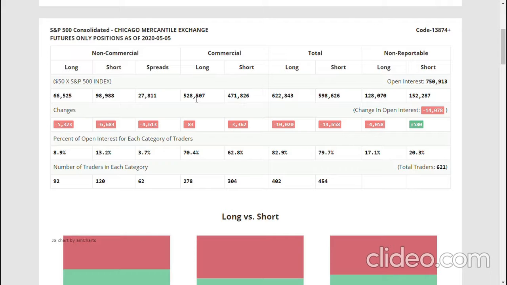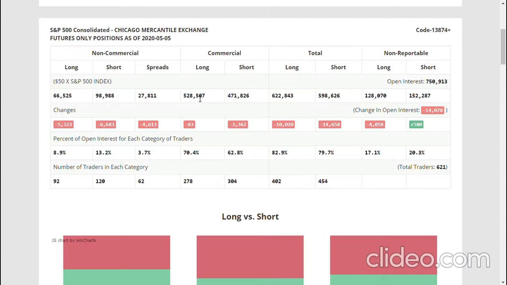They are actually buying or selling the stocks as a kind of hedge. So normally they're just the opposite of what we follow. When they're more short, we buy long, but if they're more long, we are going to short the market.